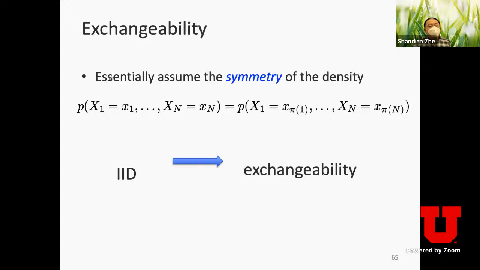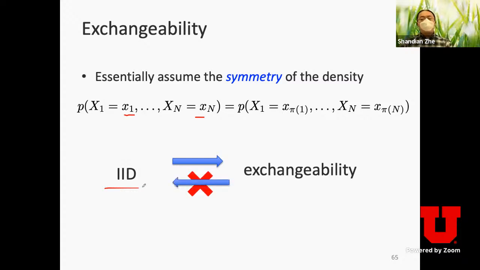Exchangeability essentially assumes some symmetry of the density, meaning your n random variables take the values x1 to xn, and you can do an arbitrary permutation over those values and the probability density won't change. This is essentially a symmetry, and it also tells you that the IID assumption is a special type of exchangeability, but not vice versa.